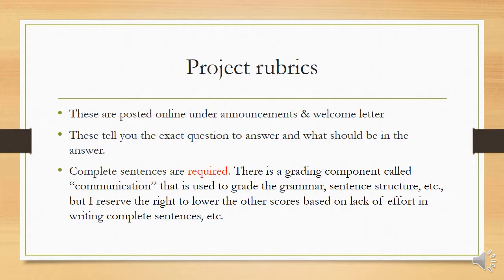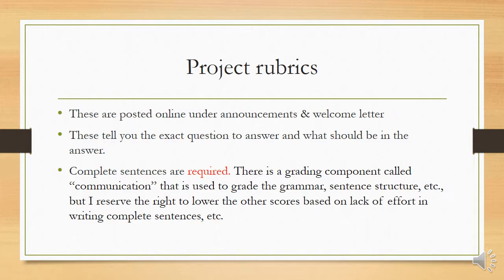Project rubrics are posted online under the announcements and the welcome letter. These tell you the exact question you need to answer for each part of the project and what we're looking for in the answer. You do need to use complete sentences. Those are required. There's also a part called communication that is used to grade the grammar, sentence structure, all of that.